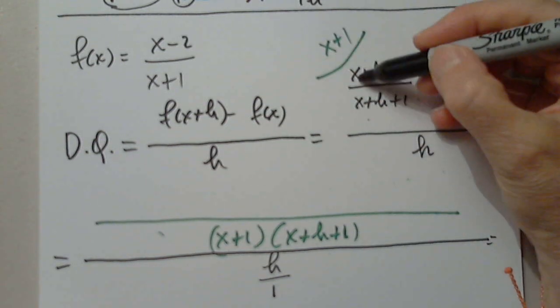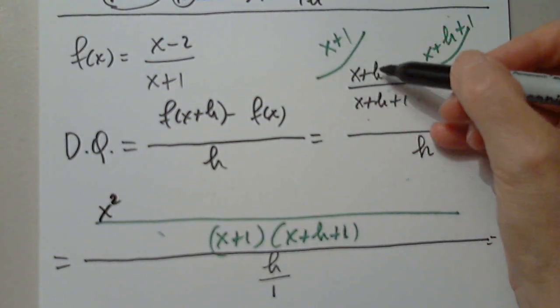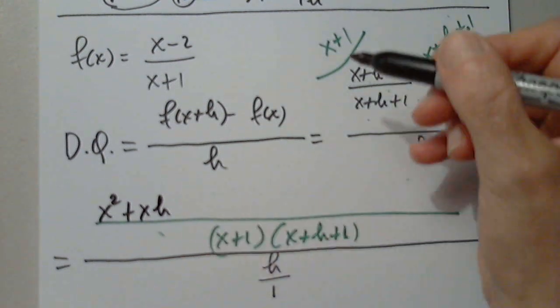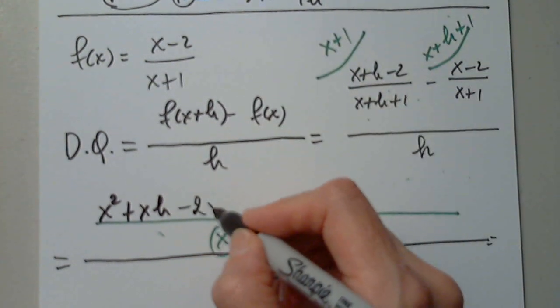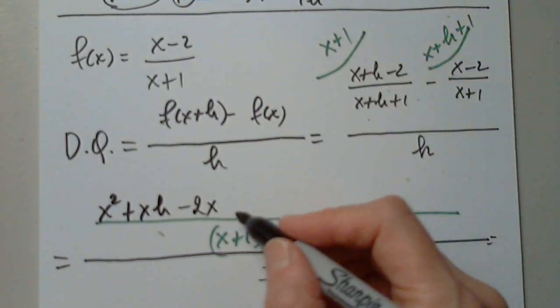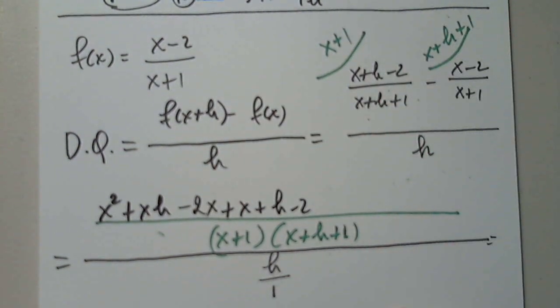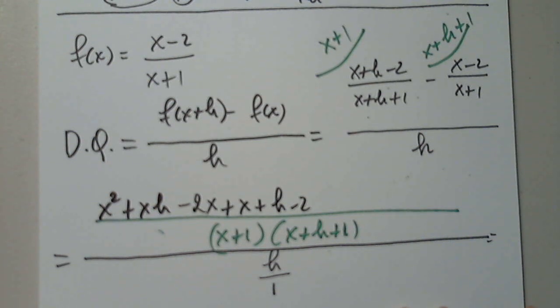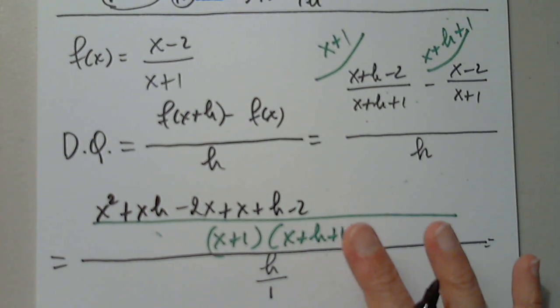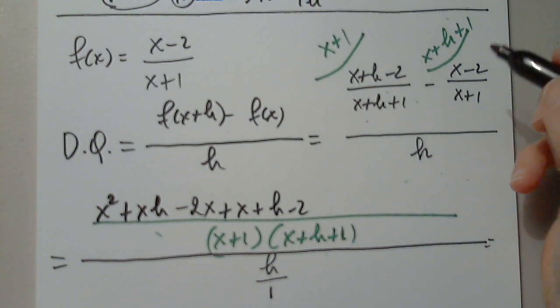So now x times x, x squared, x times h plus xh, x multiplied by -2. 1 times x, 1 times h, and -2. So far, so good? Thanks. Is that okay? Yes. Good.